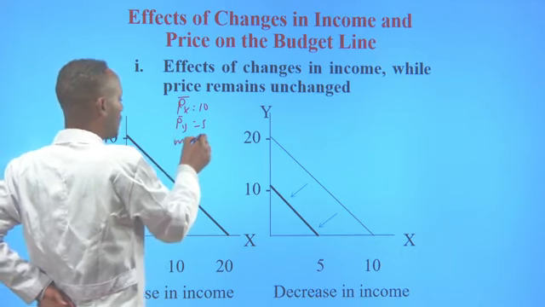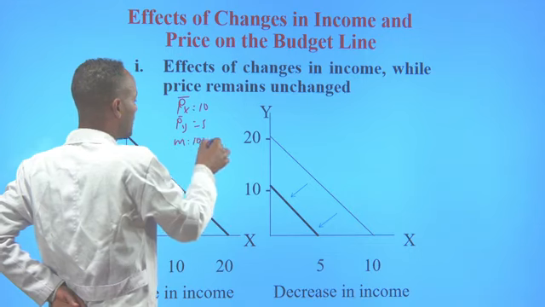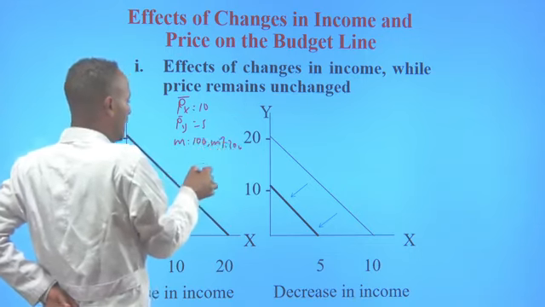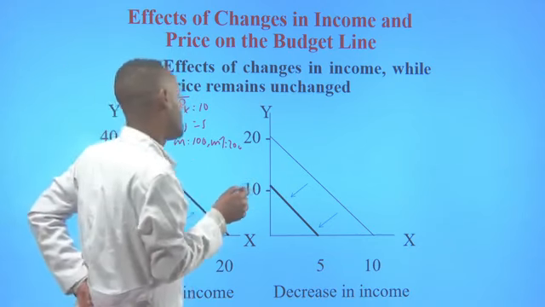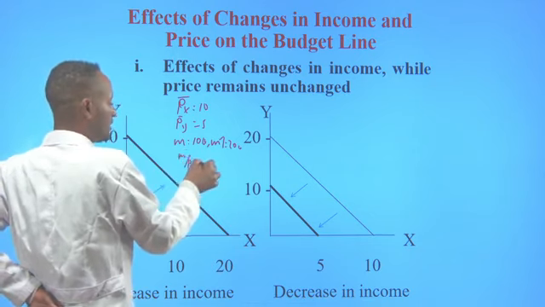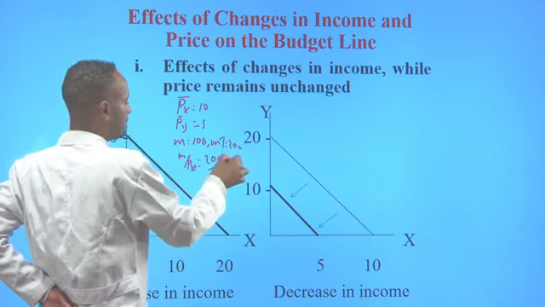Income of a consumer was 100 birr. Let's say now the income is doubled and increased to 200 birr. As a result, there's a change in the vertical and horizontal intercepts of the budget line. So M over price of X will give you the horizontal intercept, which is 200 divided by 10, which is 20.